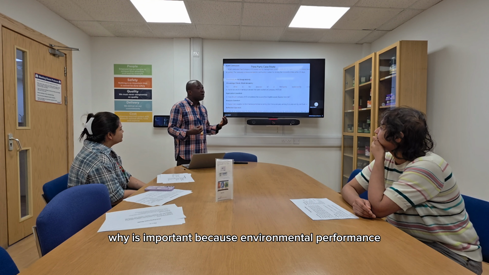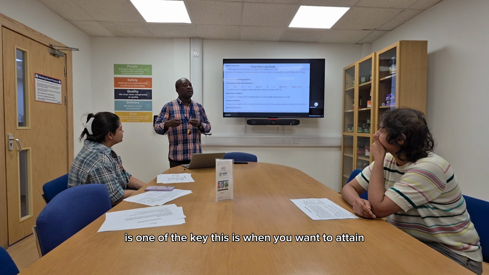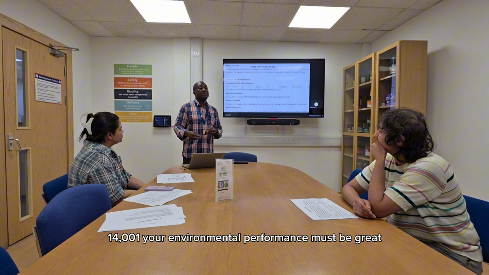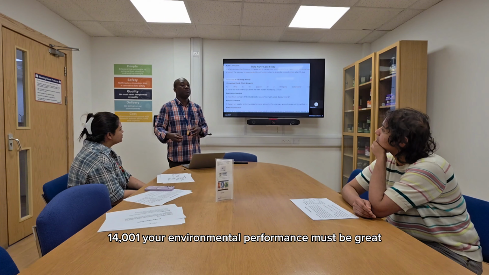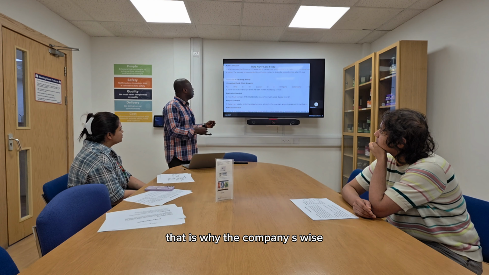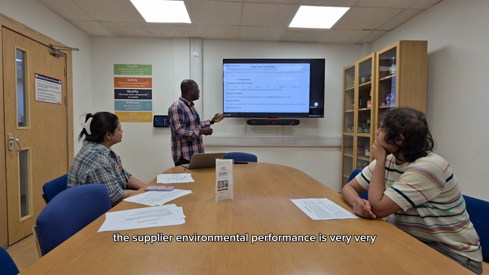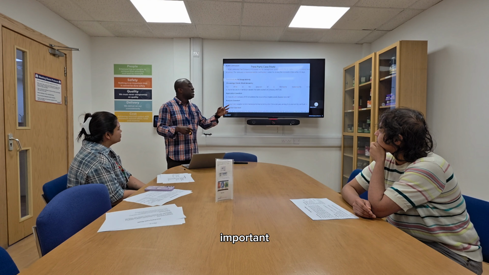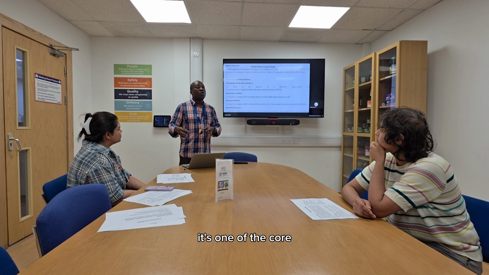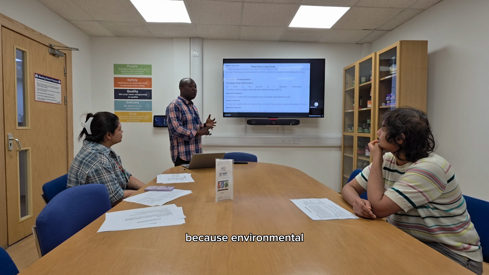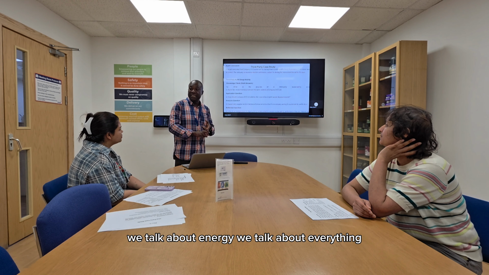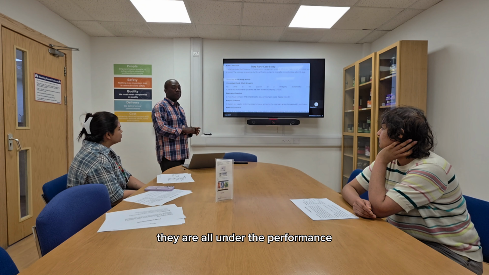Because environmental performance is one of the keys when you want to attain 14,001. Your environmental performance must be great. That is why the supplier's environmental performance is very, very important for certification. It's one of the core things, because environmental performance, we talk about waste, energy, everything. They are all under the performance.